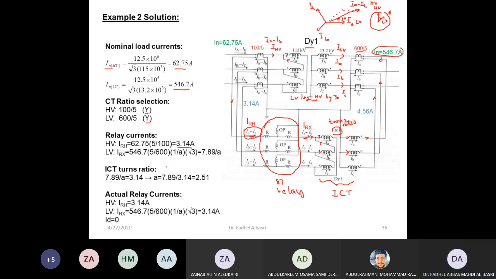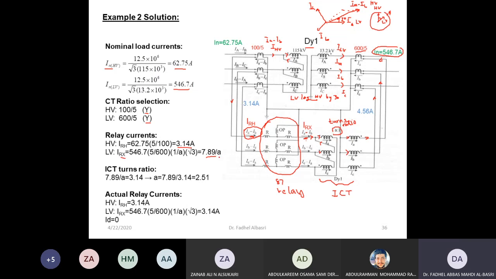But that will give me this current, right? But I want the current at the relay, because this is delta connected. So what is IRX?